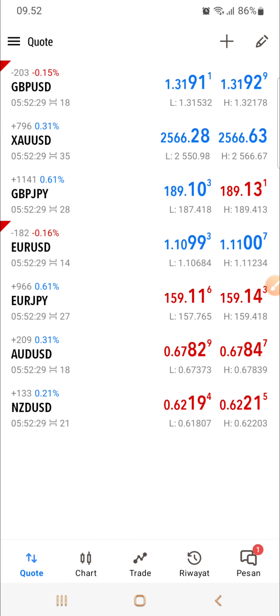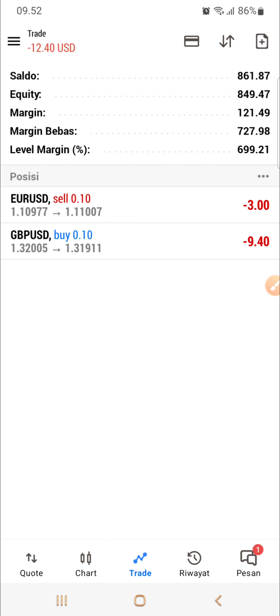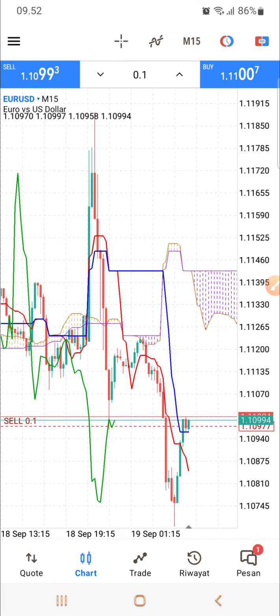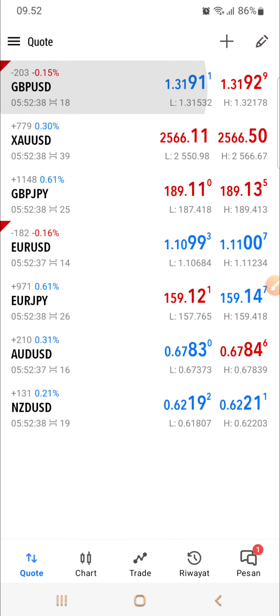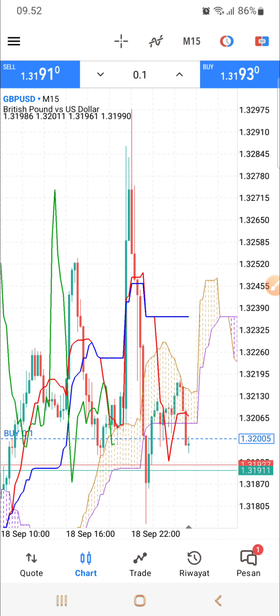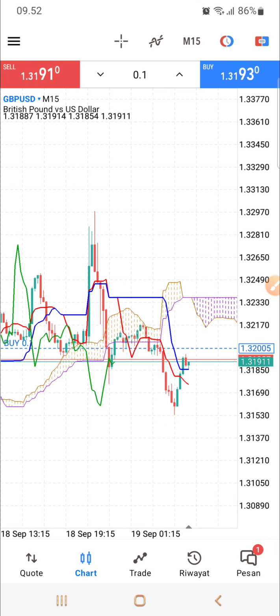So the question is, if we want to try buying or selling, we have to watch the pound dollar. It's very important because the pound dollar is the key level.